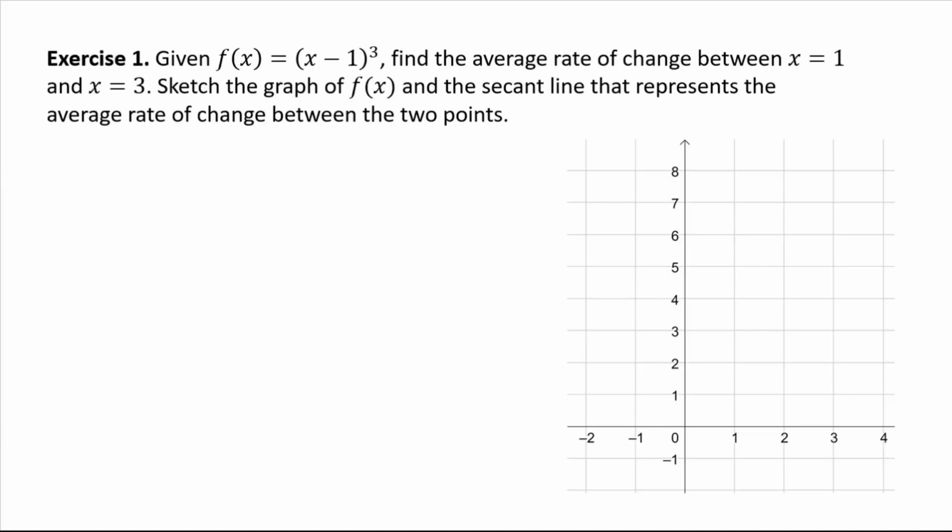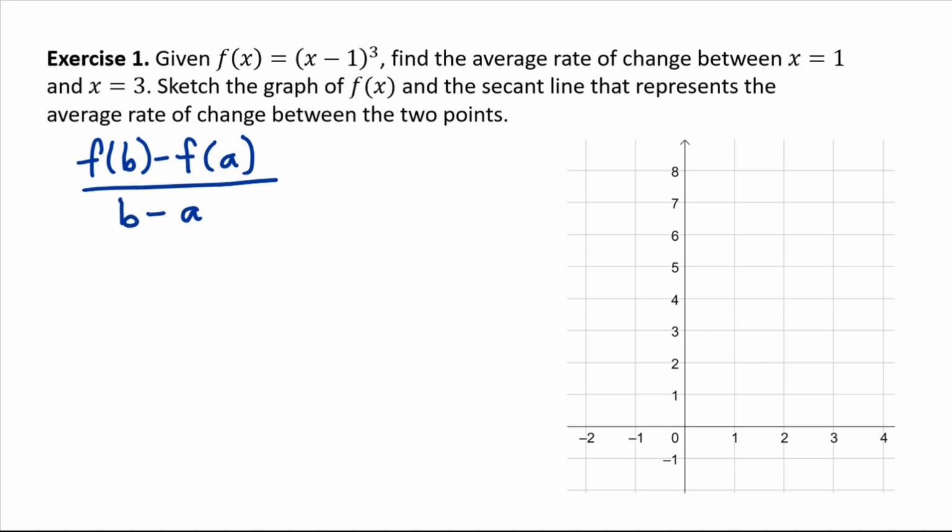Given f of x equals the quantity x minus 1 cubed, find the average rate of change between x equals 1 and x equals 3. Sketch the graph of f of x and the secant line that represents the average rate of change between the 2 points. The average rate of change is defined as f of b minus f of a divided by b minus a.